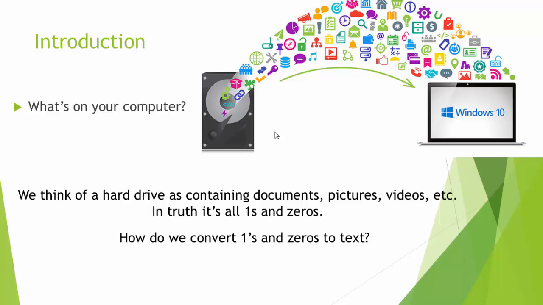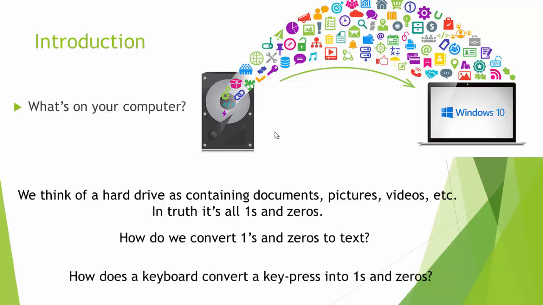Let's just focus on the idea of a document and how text is encoded into zeros and ones. It's not as simple as it sounds. And similarly, we can ask ourselves, how does a keyboard convert a key press into ones and zeros? Because it's the same problem in essence.